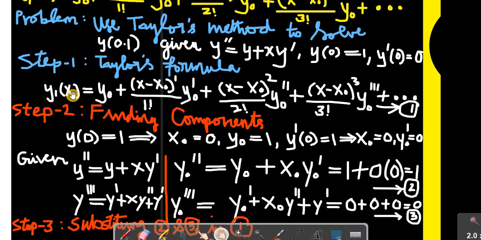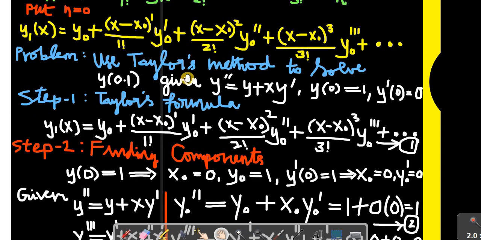In this function, put x equal to 0.1, and then we will get the value of y at the particular point from Taylor's series. That is what the question asks of us.